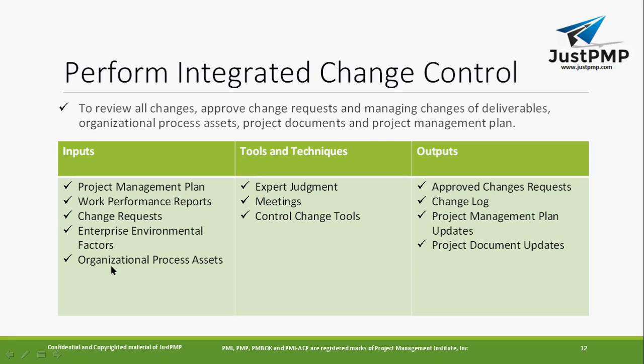These are the two that you will get in most of the processes, and they can also affect it. How can they affect it? Any external factor: say you want to implement a new functionality, but as per government rules and regulations, you can't make that change. You have to follow that guideline. That's why this can affect your integrated change control.